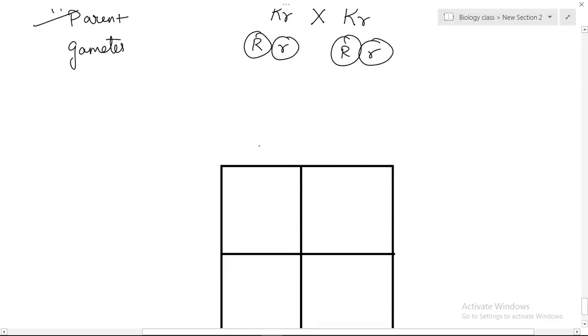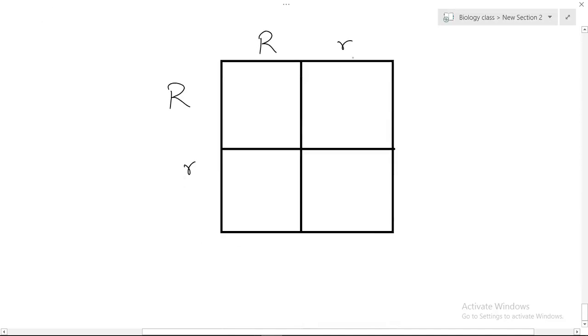in the Punnett square, capital R, small r, capital R and small r. So we are going to have capital R capital R, capital R and small r, capital R and small r, and small r small r. Now the question is, both are capital R, so what type of flower will it be? Red color.